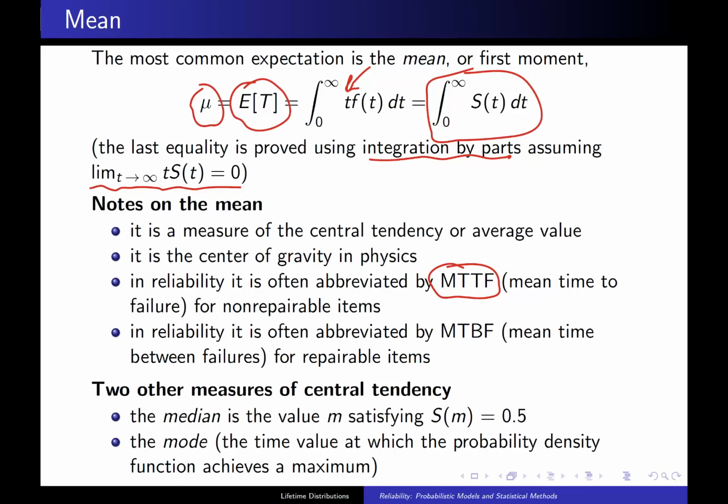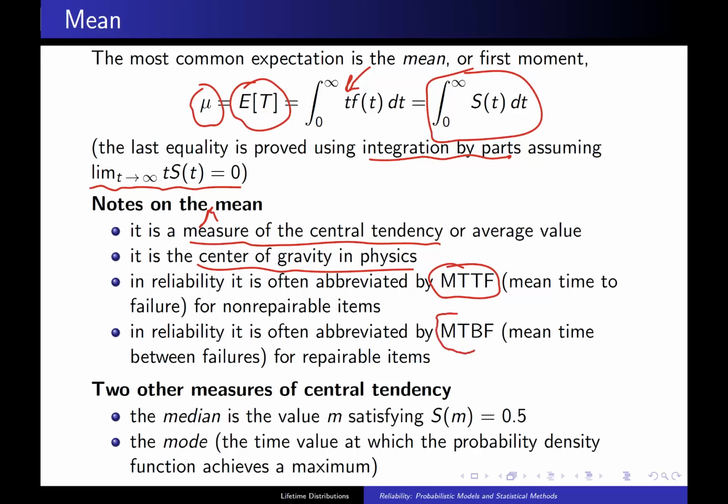So here are a couple notes on the mean. And if we're being careful here, we should include the word population mean here, because this is different, of course, from the sample mean. So the population mean is a measure of the central tendency or the average value. It is also the center of gravity in physics, abbreviated oftentimes MTTF for non-repairable items.